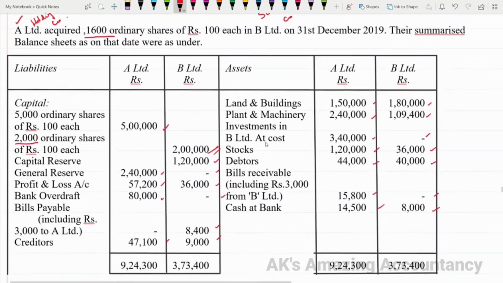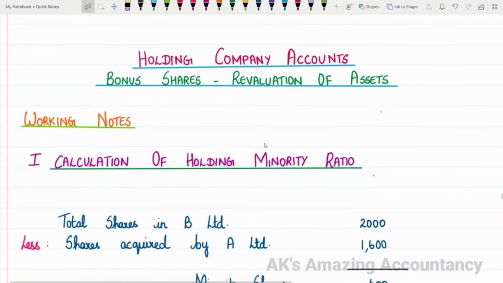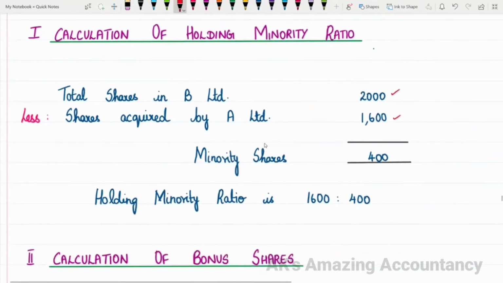So let us proceed with the holding minority ratio calculation here. Total shares of B Limited is 2000, out of which shares acquired by A Limited is 1600. The remaining 400 shares, that is 2000 minus 1600, these are minority shares. So what will be the holding minority ratio now?